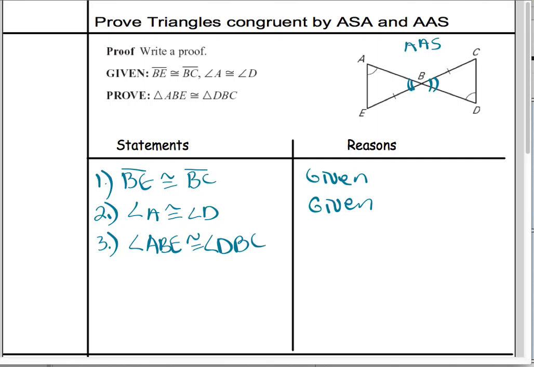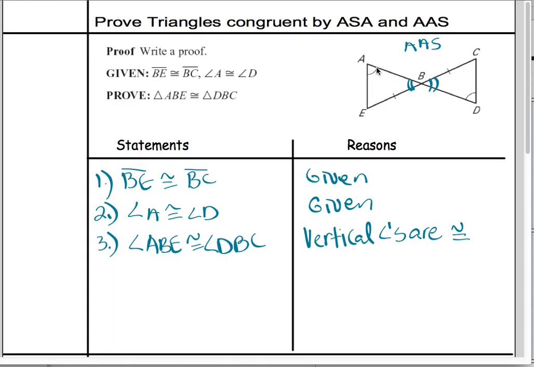It would still be just fine. But I like to name it in corresponding order, like since these angles match, I like to name them in the same way. It helps me when I get to write my triangle congruence. Kind of helps me practice that. So my reason for that, remember, was vertical angles are congruent.